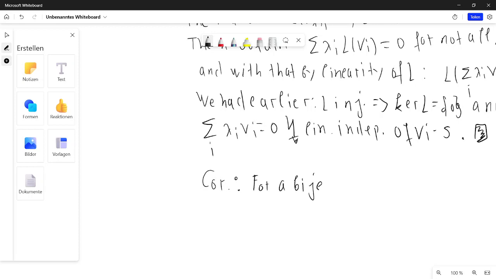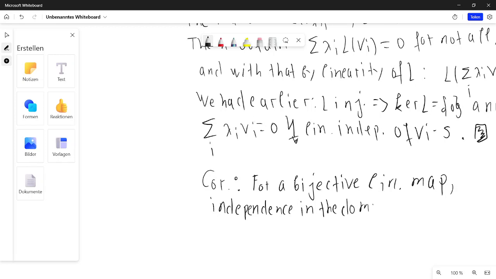Bijective linear map: dependence in the domain is the same as independence of corresponding elements in the image.